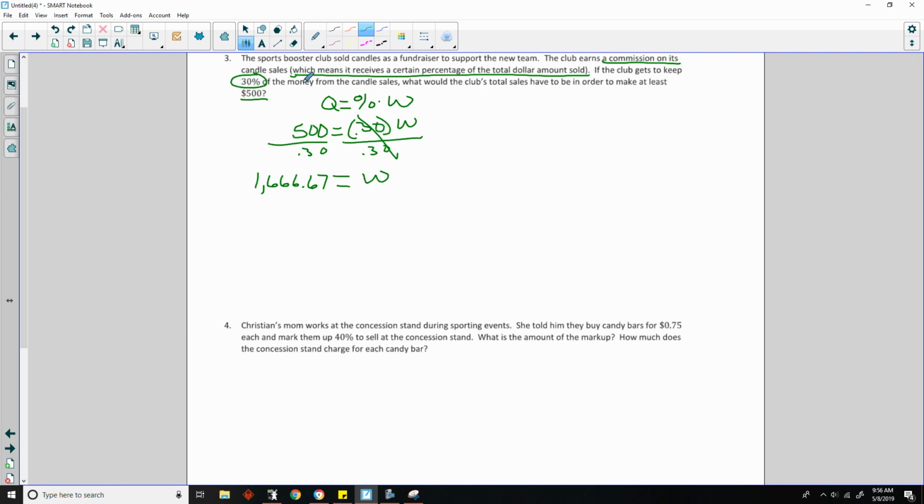So since that was a round, let's change our equals to an approximation. So the total sales would have to be approximately $1,666.67 to make $500 in commissions.